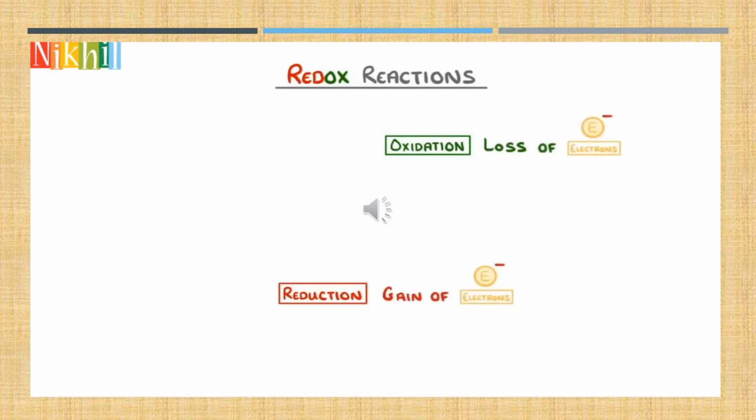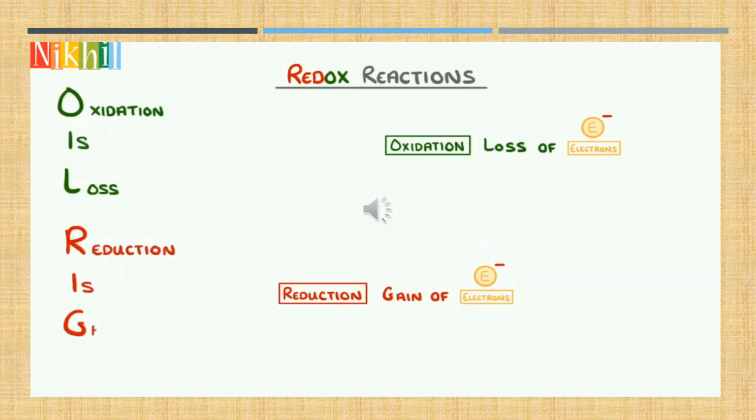Here aluminium got oxidized, and in the next reaction, when this same situation was repeated in the opposite manner, aluminium lost oxygen, so it got reduced.